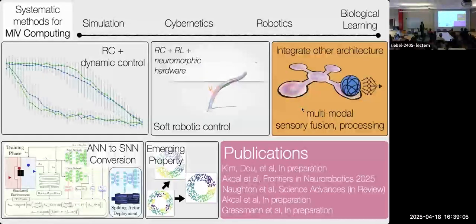I also do a lot of robotics problems, and I try to study how biological systems learn. RC plus this dynamical control is one aspect that I've been working on. I was also involved in developing a reinforcement learning framework with neuromorphic hardware. In the future I'm trying to work more on how to integrate different modalities of sensory inputs in the neuromorphic system.